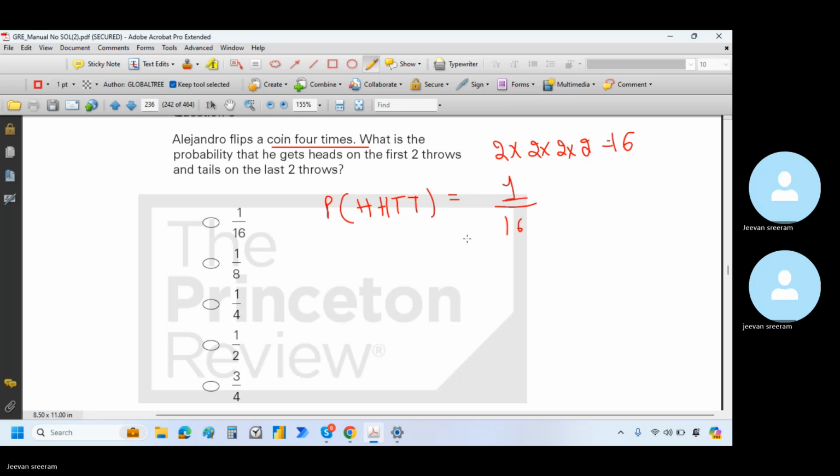If the question asked for the probability of 2 heads and 2 tails without specifying the order, then the probability would be higher. The right answer is 1 by 16.